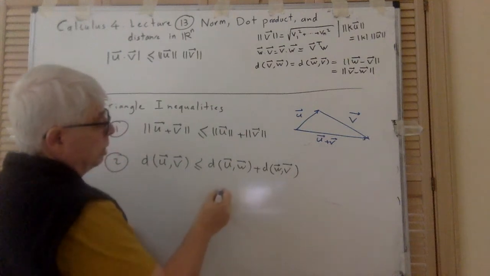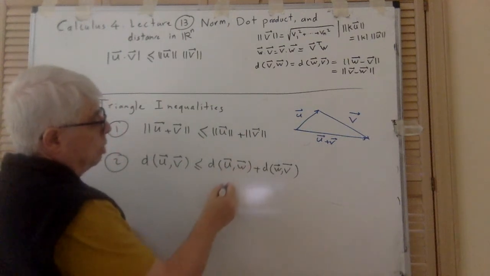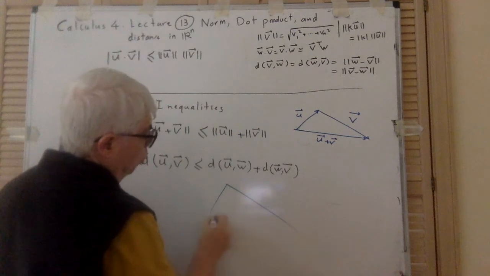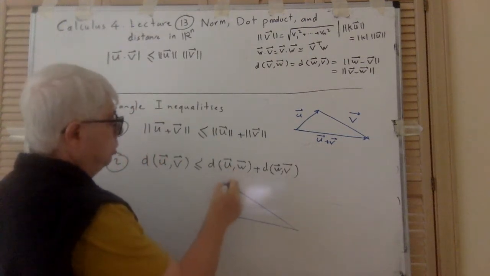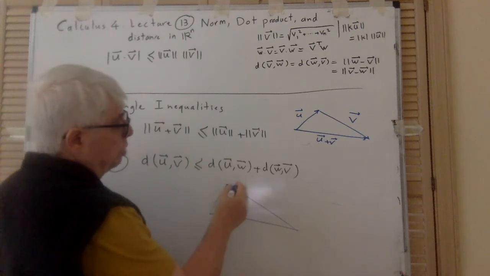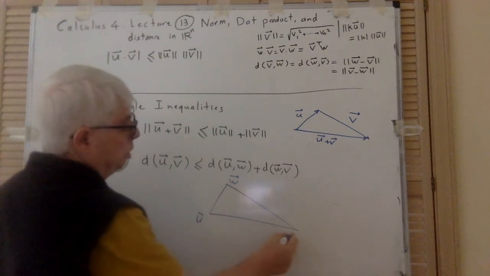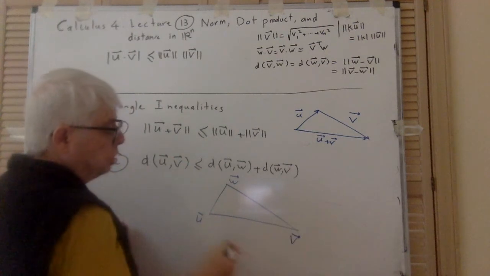The second one is the same thing. In fact u, v, and w are now like points. So u, v, and w as points now.